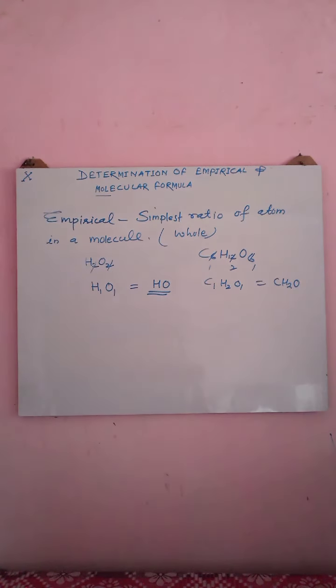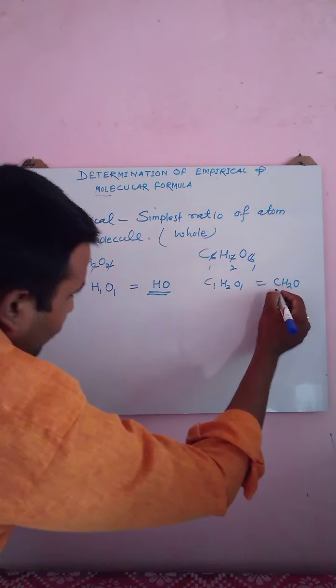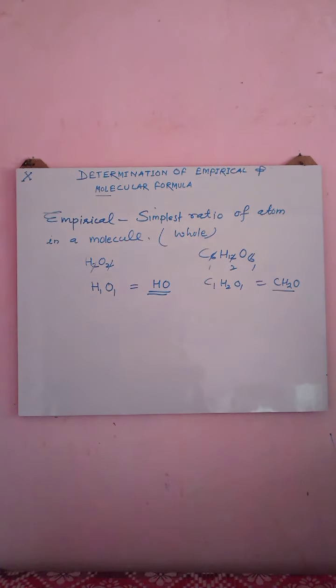So CH2O is the simplest whole number ratio of different atoms present in glucose molecule. So empirical formula of glucose will be CH2O. Right? I hope you people understood what is empirical formula.